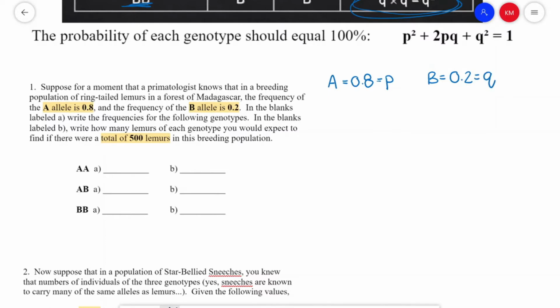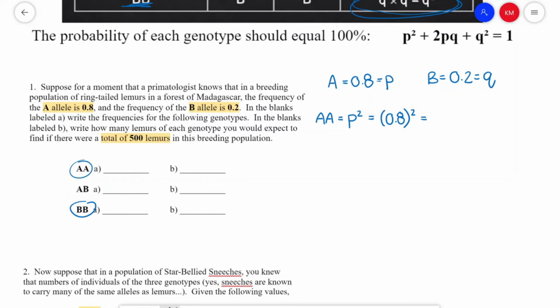Okay, so now all we have to do to find these genotype frequencies of AA and BB, we're just plugging in those equations. So for AA, our probability equation was P squared. So we're plugging in 0.8 squared.